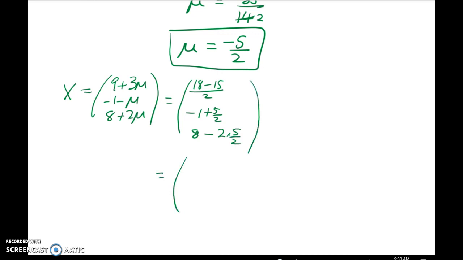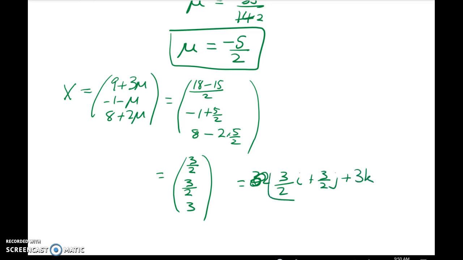So what does that get me to? Well, that gets me the foot of the perpendicular at the following position vector. And we could write that back in i and j format: 3 over 2 i plus 3 over 2 j plus 3k. Right, so that's the first part of the question done.